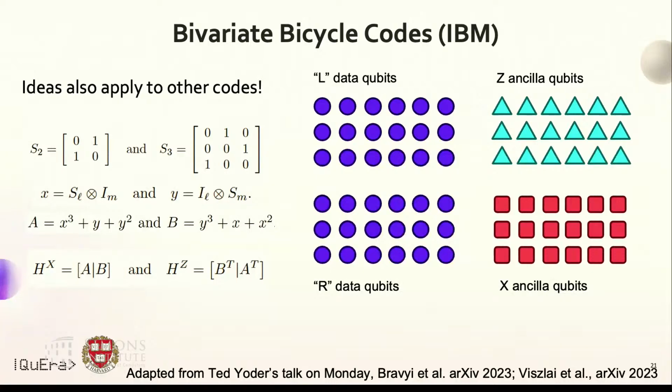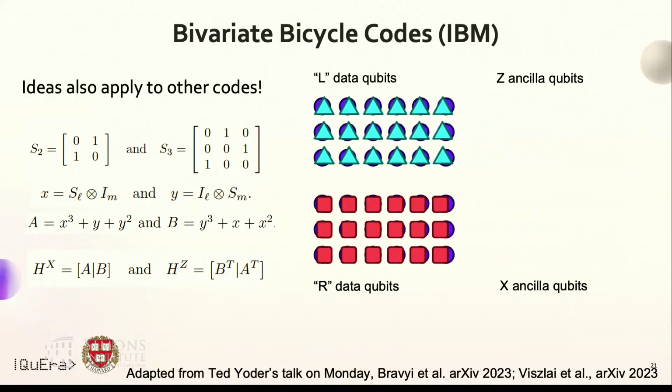You have two different types of data qubits, as well as different types of ancilla qubits. For the classical coding theory people, think of this as a quasi-cyclic code. These quasi-cyclic structures are reminiscent of translational structures. After seeing that paper, we immediately realized there was a natural matching where you just shift it.